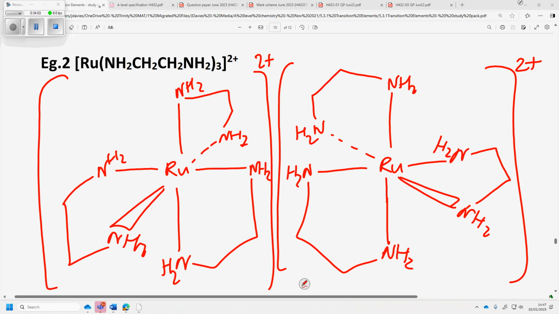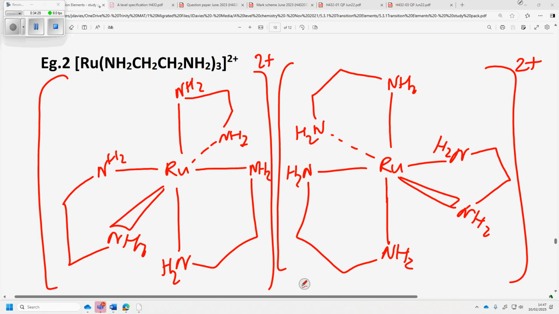In this case, where I've got an octahedral transition metal ion complex with two bidentate ligands and two monodentate ligands, besides cis-trans isomerism, we can also have optical isomerism. If we just have three bidentate ligands, there's just optical isomerism.